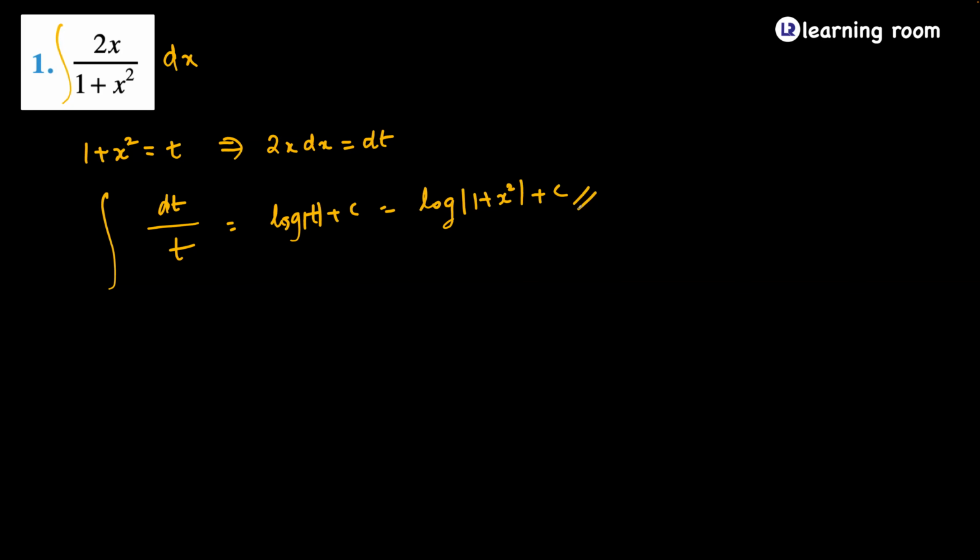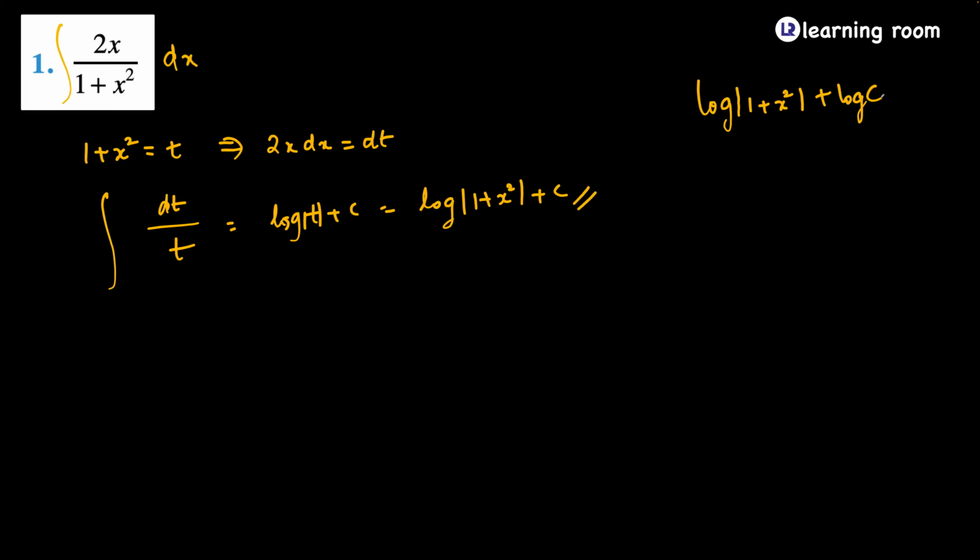Sometimes, whenever the answer is fully log based, you can write the constant also in terms of log. How will you write it? You can write it as plus log c. Whether you write the constant as c or log c, both are the same.